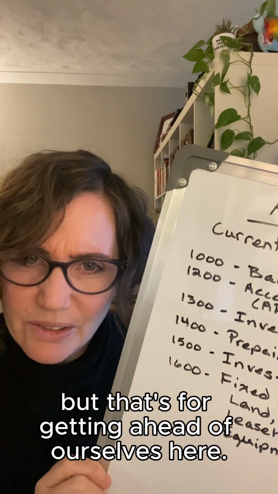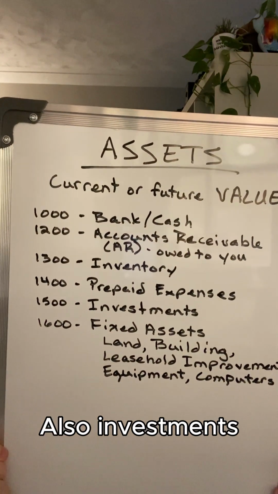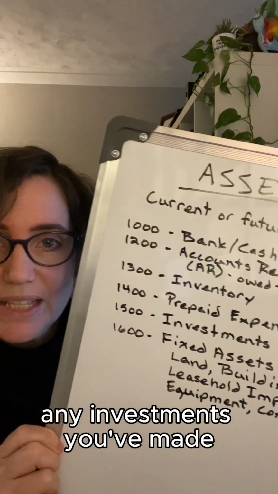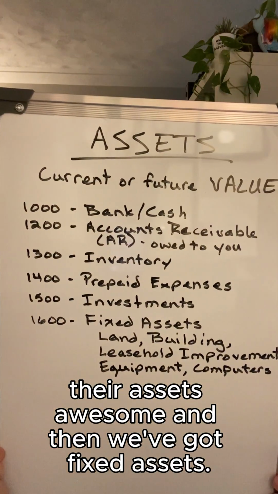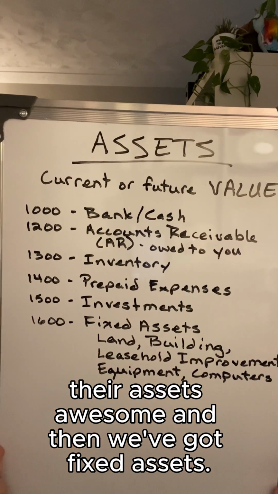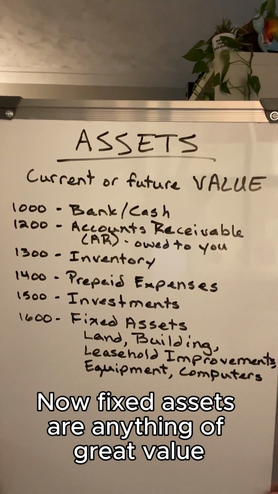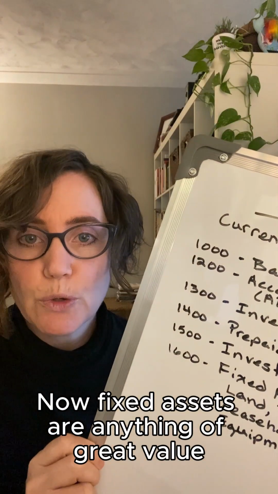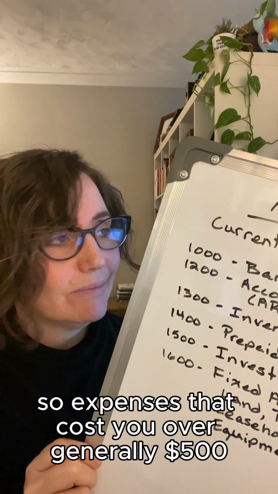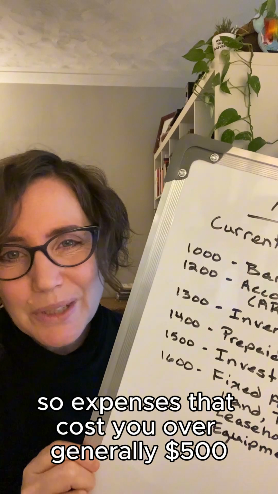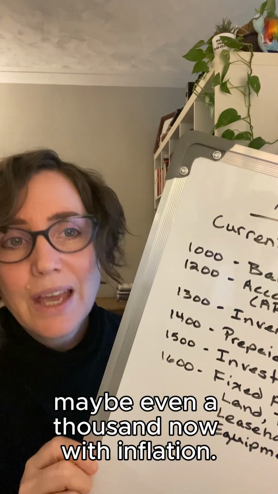But we're getting ahead of ourselves here. Also, investments. Any investments you've made, they're assets. Awesome. And then we've got fixed assets. Now, fixed assets are anything of great value. So expenses that cost you over generally $500, I don't know, maybe even $1,000 now with inflation.